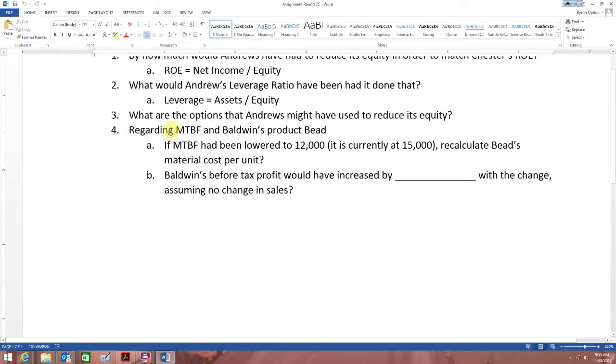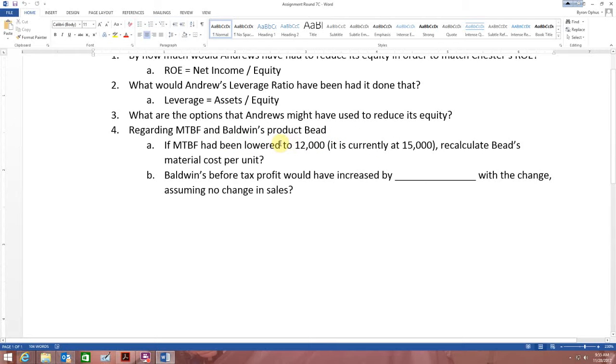Question 4, regarding MTBF and Baldwin's product Bede. Now we're getting into something a little bit weird. If MTBF had been lowered to 12,000, it's currently at 15,000, recalculate Bede's material cost per unit. You can find the cost of MTBF by looking at the guide.